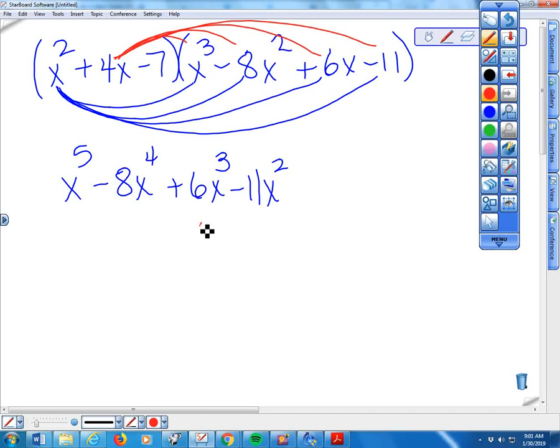Okay? 4x times negative 8x squared is negative 32x cubed. 4x, I don't know why I skipped x cubed. 4x times x cubed is 4x to the 4th, right? 4x times 6x is 24x squared. And then 4x times negative 11 is negative 44x.